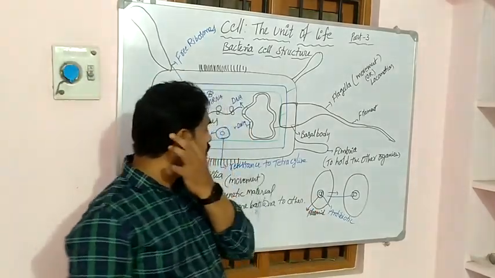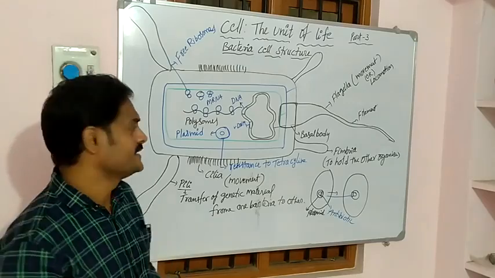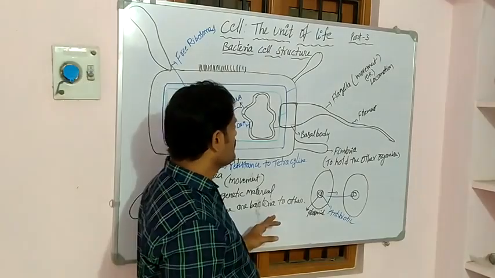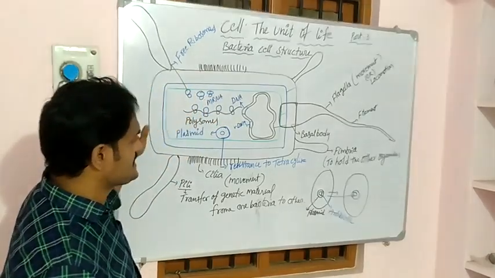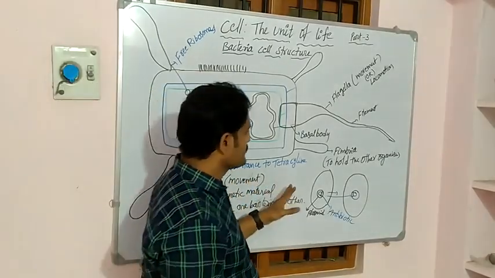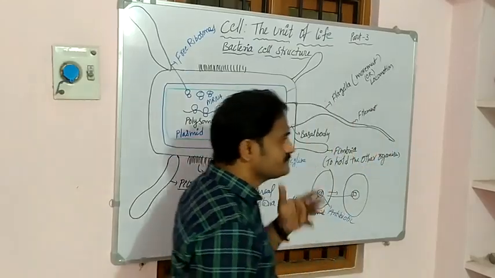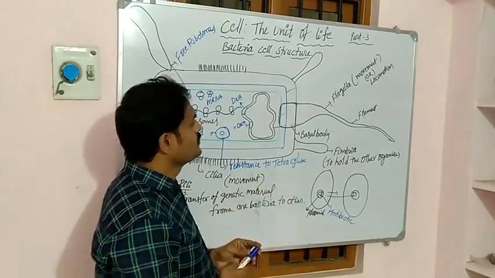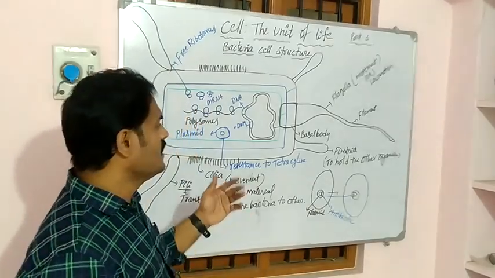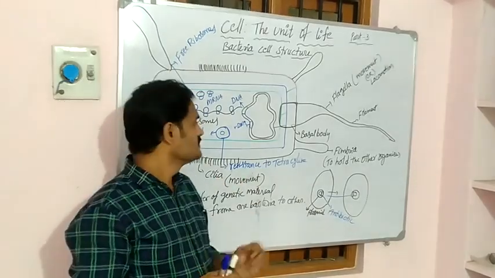So that is the use of plasmid. So this is the information about the bacteria cell structure. Then in the next video we are going to discuss the eukaryotic cell.